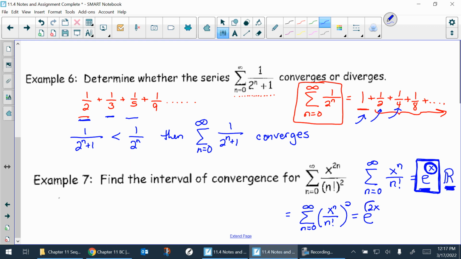E to any number is going to have an interval of convergence that is all real numbers. So again, that's a comparison. Comparing an unknown to something that we do know something about, and drawing conclusions because of their comparison.